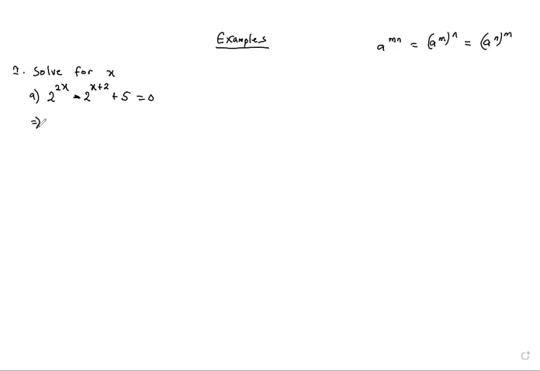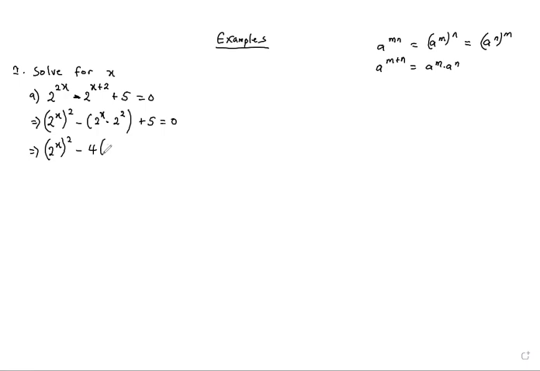That means that we can write a as 2 to the power x, all to the power 2. And then we also had that if you have a to the power m plus n, it is the same as a to the power m multiplied by a to the power n. So we have negative 2 to the power x multiplied by 2 to the power 2, and then plus 5 is equal to 0. This means we still have 2 to the power x, all to the power 2, minus 2 to the power 2, which is 4.